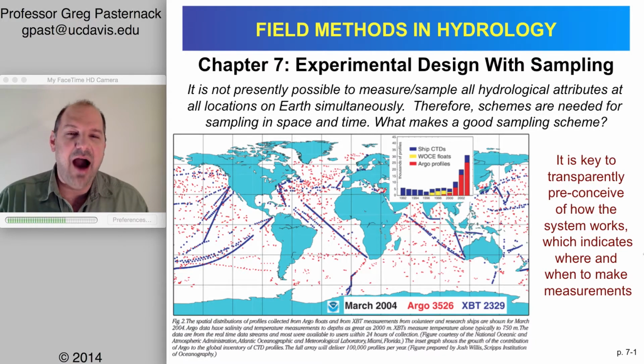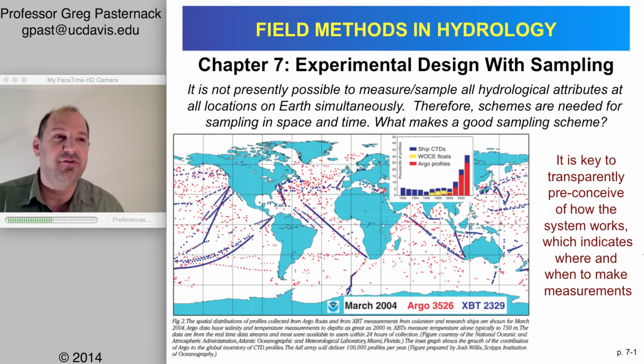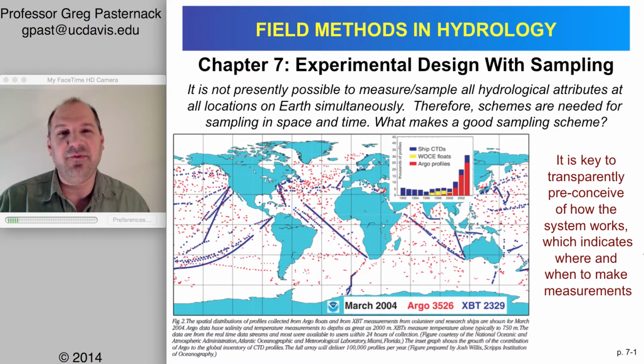And how can we, as hydrologists, come up with rational schemes for sampling that are mindful of both the need to keep costs affordable while at the same time dealing with redundancy that's beneficial for hardware problems or just uncertainty.